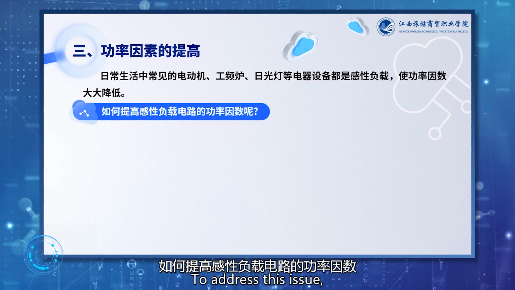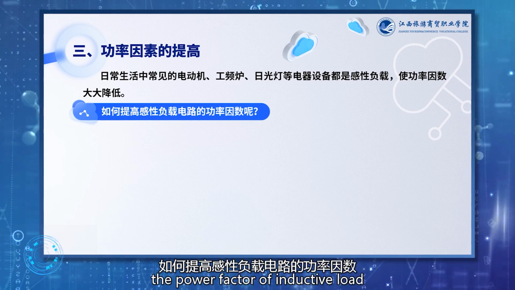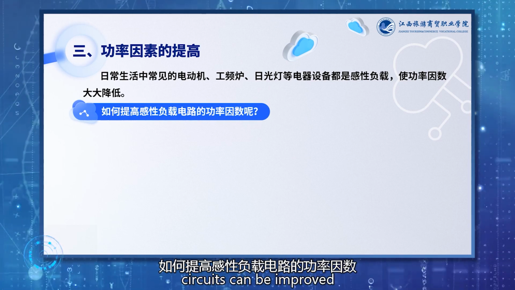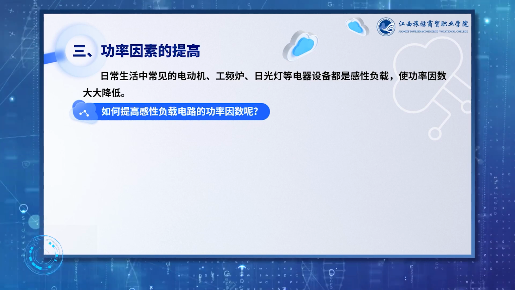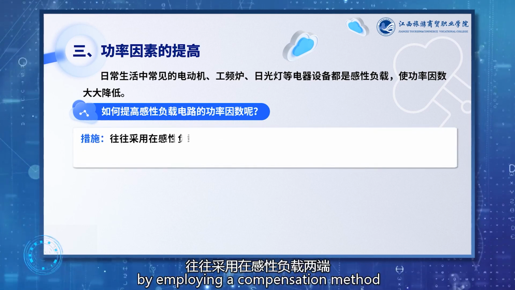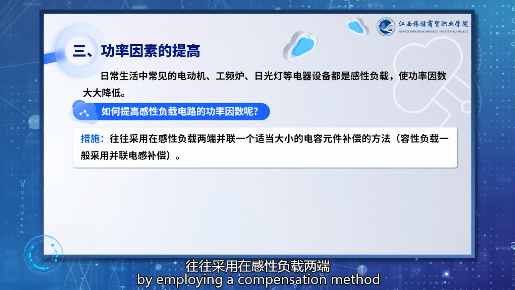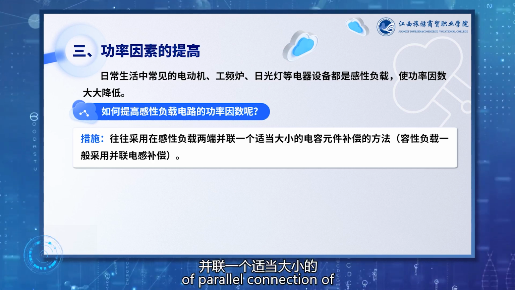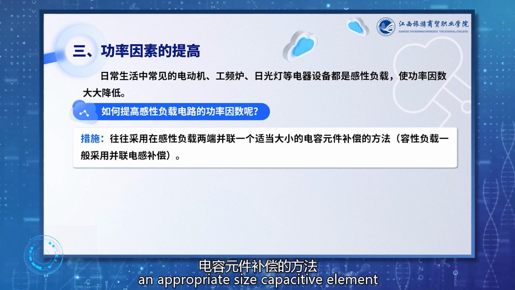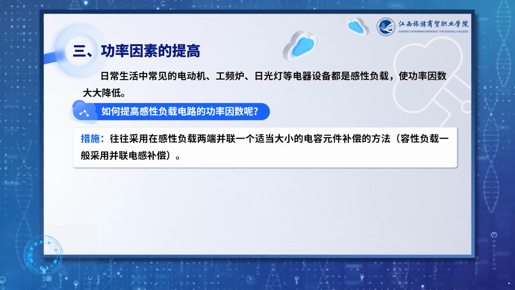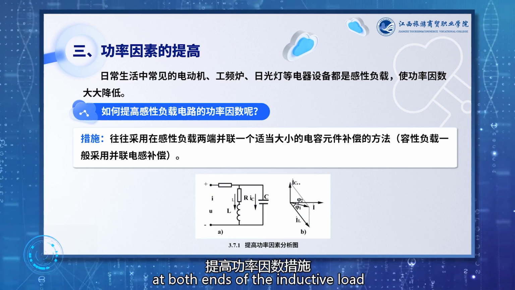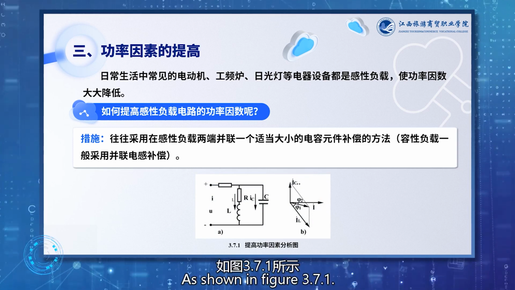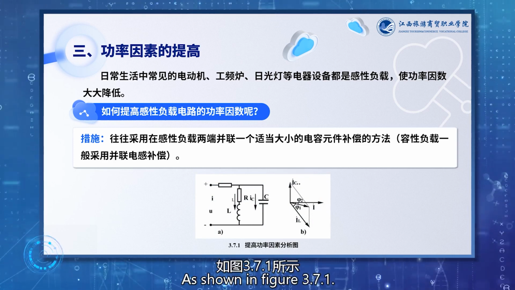To address this issue, the power factor of individual load circuits can be improved by employing a compensation method of parallel connection of an appropriate size capacitive element at both ends of the inductive load, as shown in Figure 371.